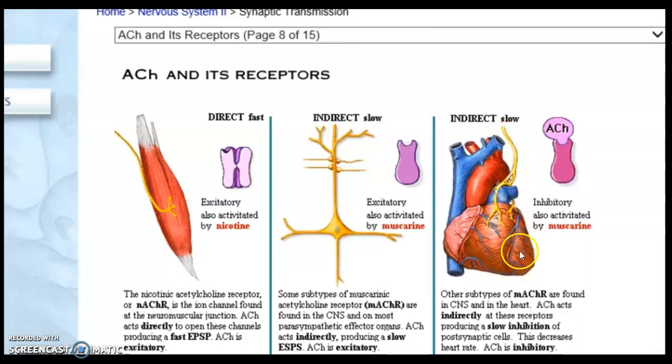Now, when we are in a parasympathetic state, this nerve here, the vagus nerve that we talked about, cranial nerve number 10, releases acetylcholine to receptors found on the heart, and instead of exciting the muscle like the direct fast receptors did, this actually inhibits or slows the heart rate down. This is important because if something interfered with the vagus nerve releasing acetylcholine at the indirect slow receptors here, then the heart would automatically speed up.